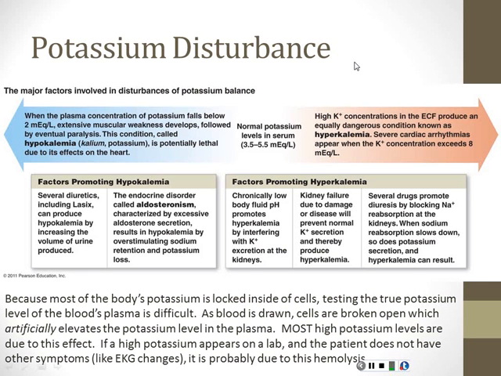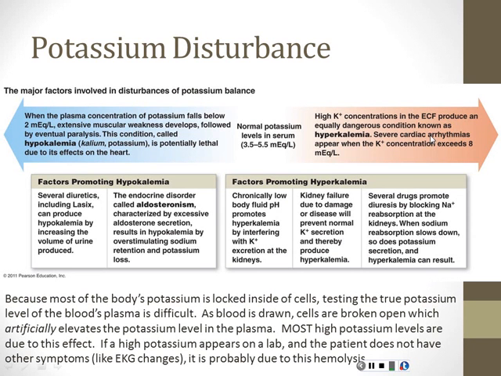Okay, so potassium, like I said, most of it is locked up inside the cells where you can't see it in the lab. But potassium disorders are among the most common clinical electrolyte disturbances. And the bottom line is both directions are a problem. A potassium level that's too low can kill you, and a potassium level that's too high can kill you.